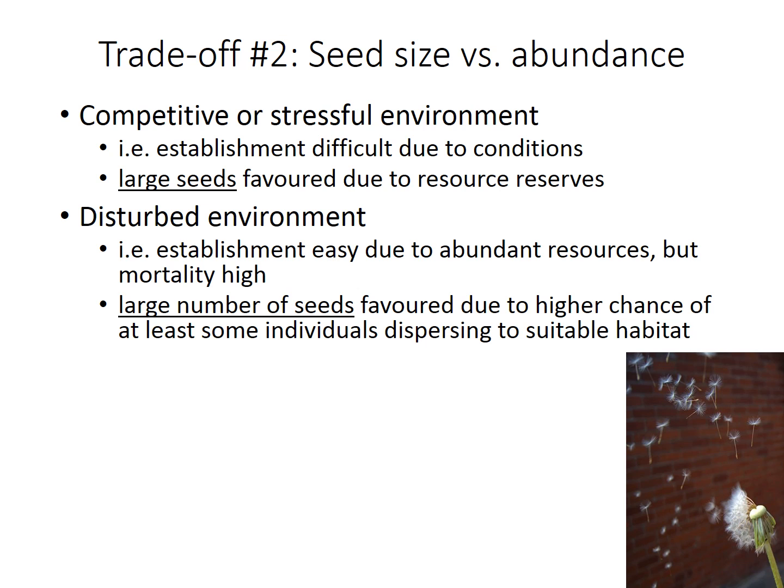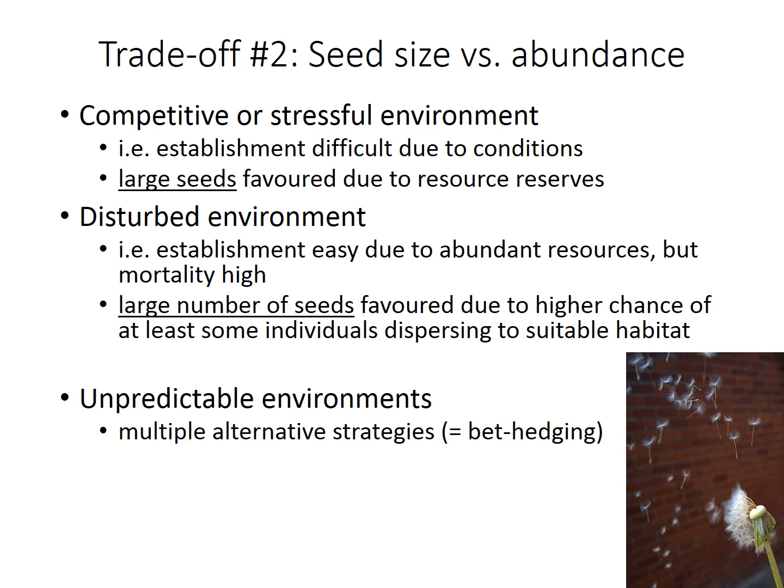Now, one of the other scenarios is, of course, an unpredictable environment. For example, maybe an area where rainfall varies massively from year to year, and we could think, for example, of the Nama Karoo. Here we find that plants actually sometimes cheat a little bit, and they have multiple strategies within a single species, and this is called bet hedging.